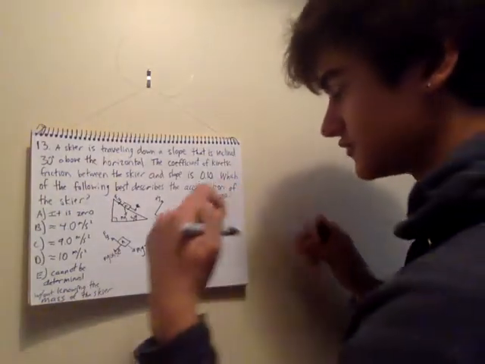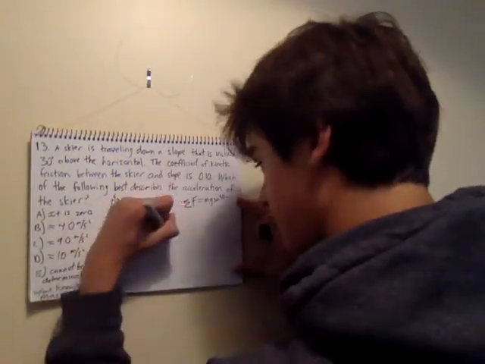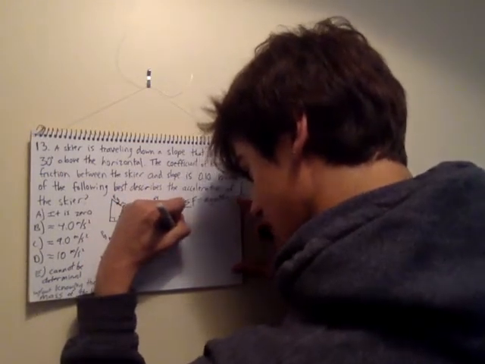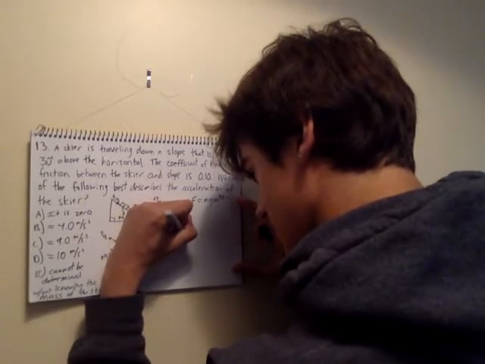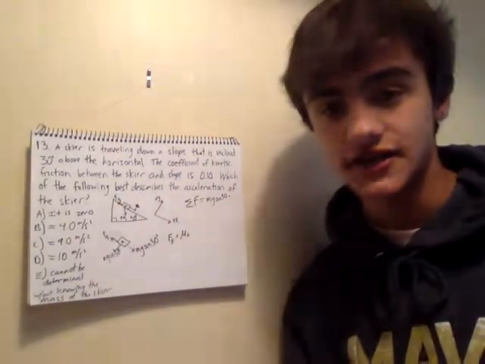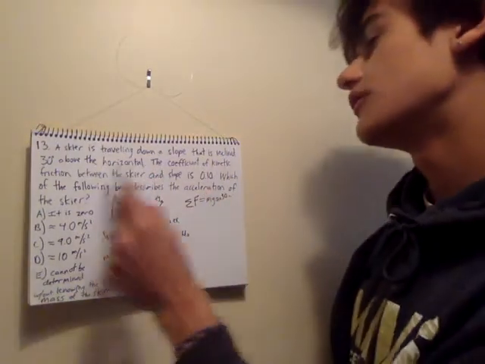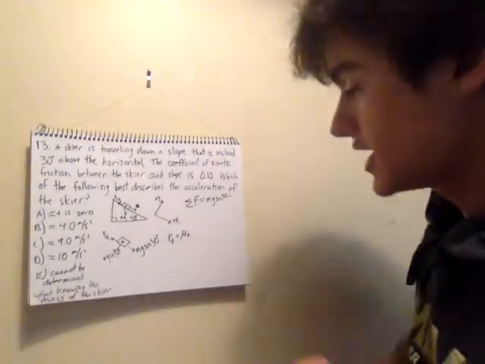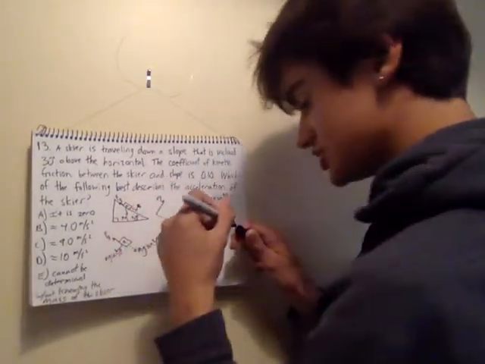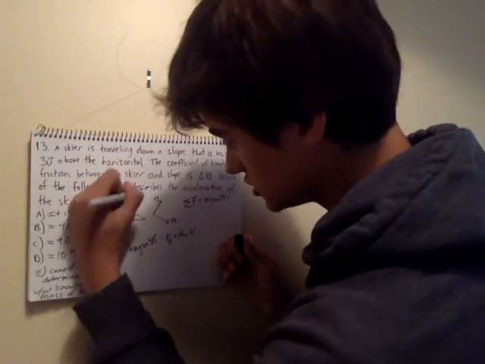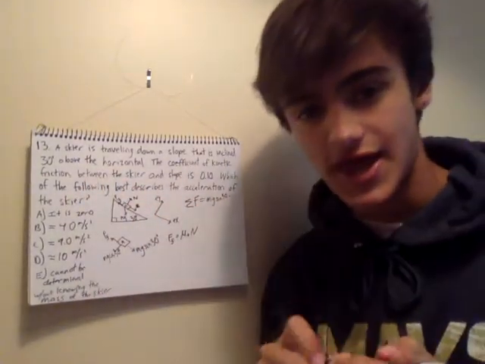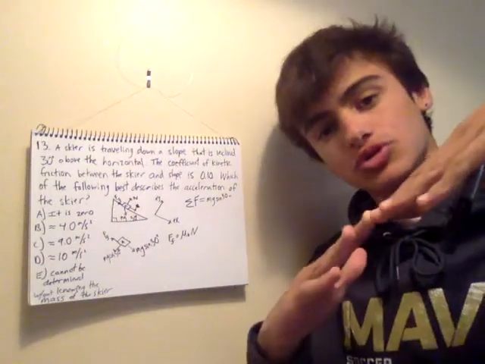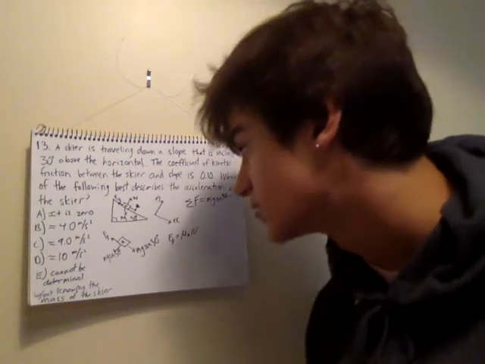To find the force of friction, it's equal to, this is kinetic friction, so we're talking about the coefficient of kinetic friction times the normal force N, which is represented by the N on our diagram that is perpendicular to the slope that it rests on.